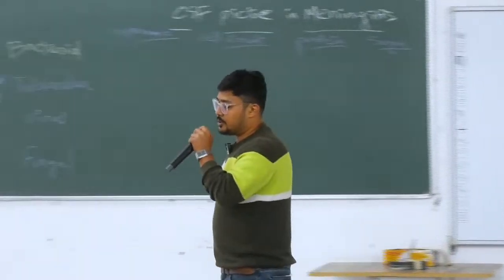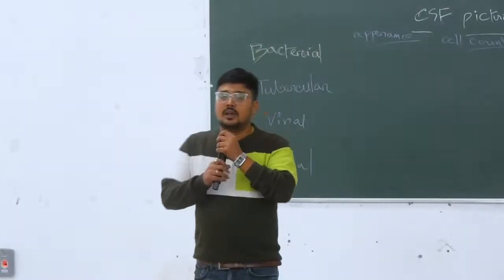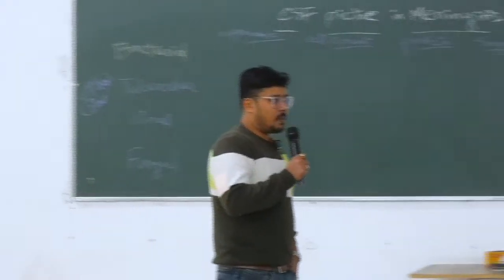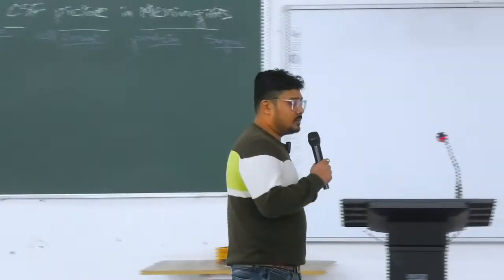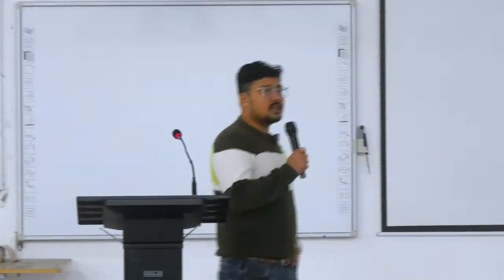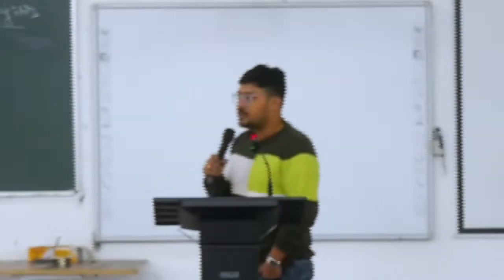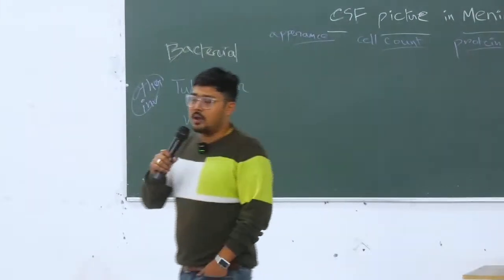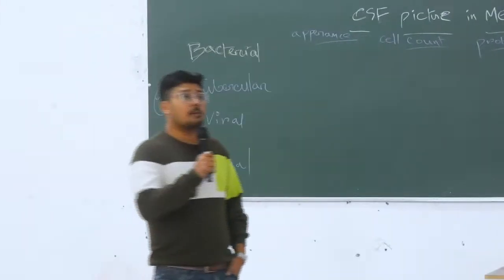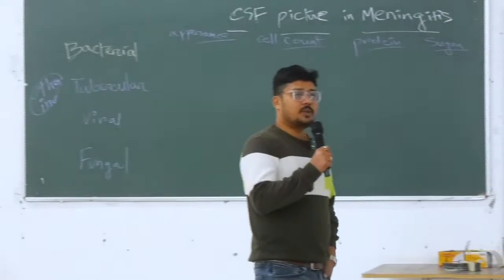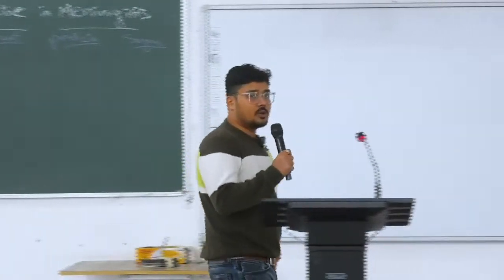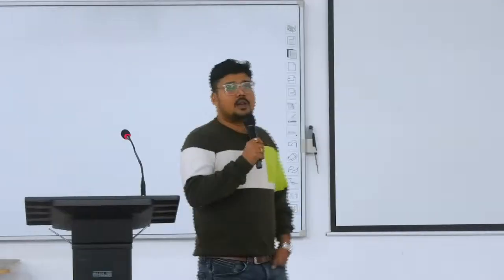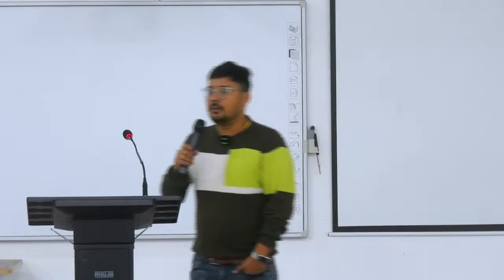So cerebrospinal fluid is secreted by the choroid plexus of ventricles and it is produced as well as reabsorbed by the choroid plexus depending upon the necessity of the body. It also acts as a blood-brain barrier.